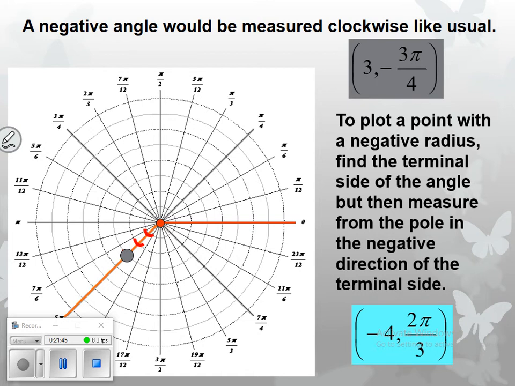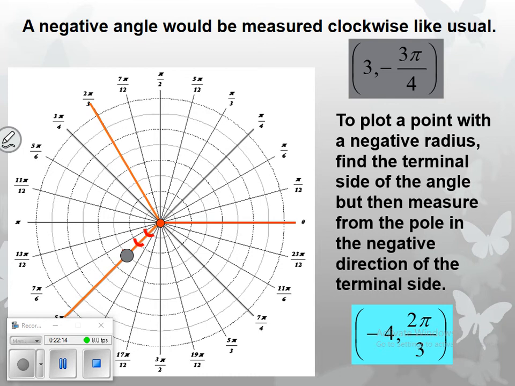You're going to do the same thing first. You're going to graph out 2 pi over 3. And this is the reason why at the beginning in plotting these, they tell you to do the degree first, or the radian first, theta, your angle, because what happens when you have a negative radius? We're going to plot out 2 pi over 3. We're going to find that vector. Okay? Now, if this was 4 comma 2 pi over 3, you'd go out 4 on that radius, or that vector, right? Okay? Well, now it's negative 4.